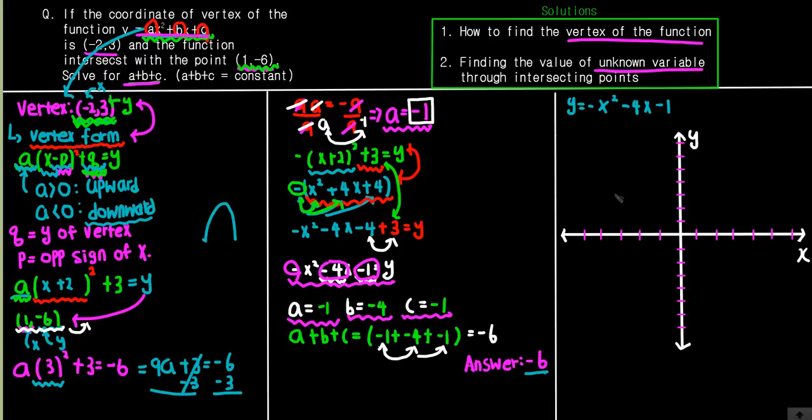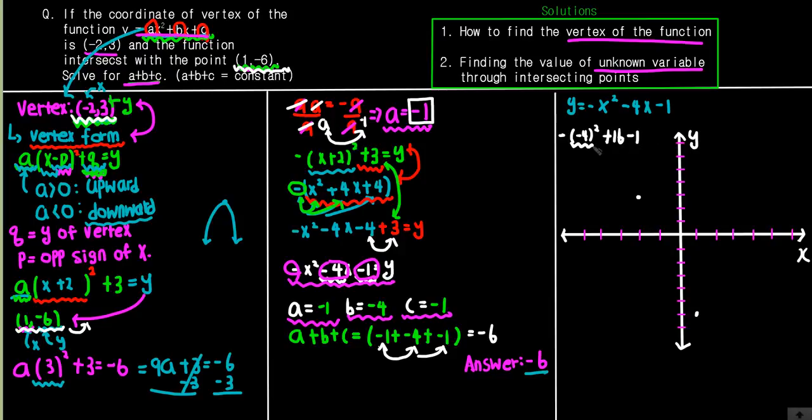And let's think about other points to graph. When the value of x is equal to negative 4, it will turn to negative, and then negative 4 squared. Then we have negative 4 times negative 4, which will turn into positive 16. We have negative 1.